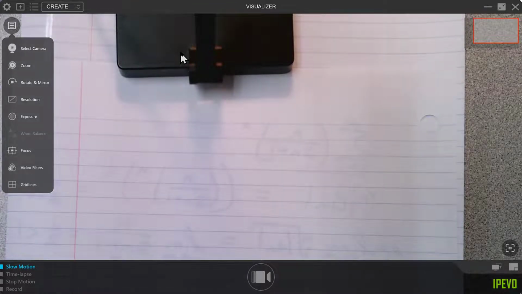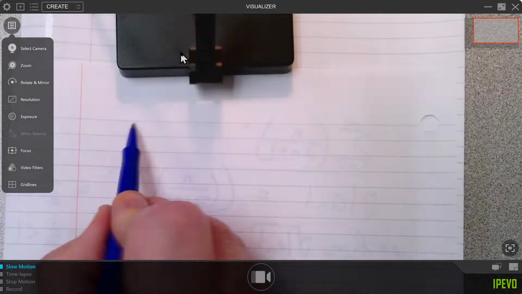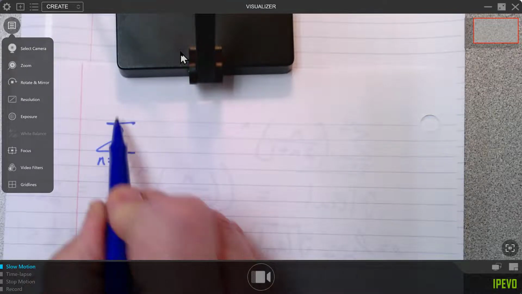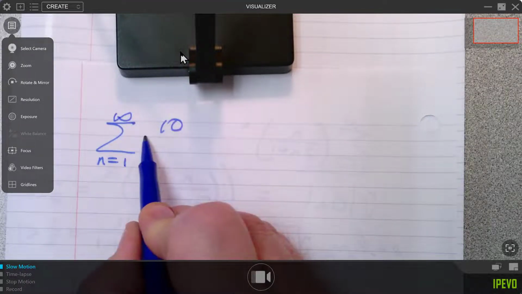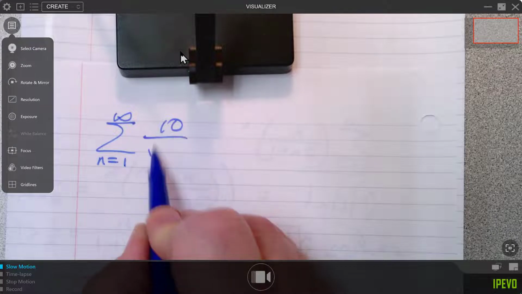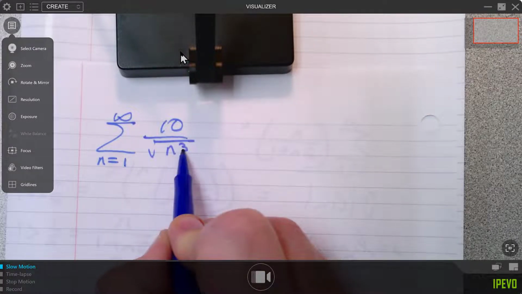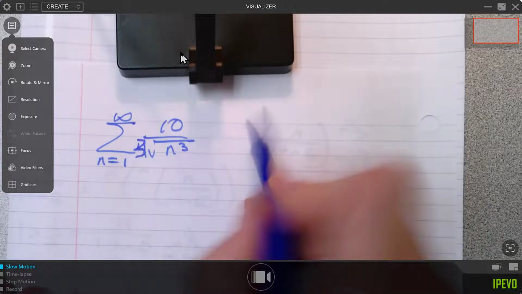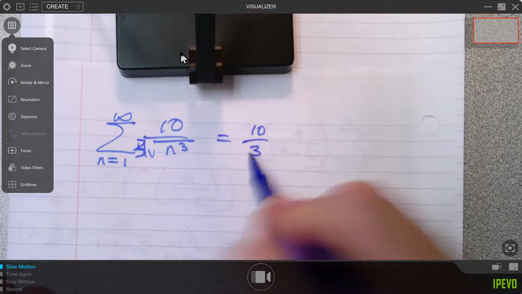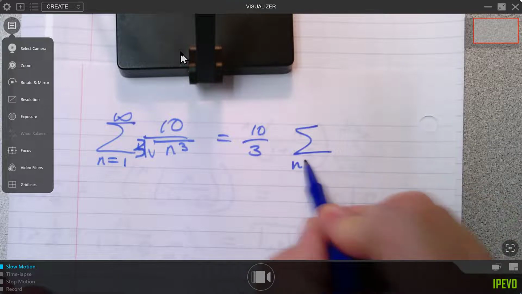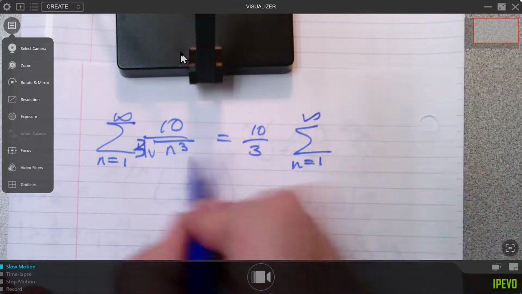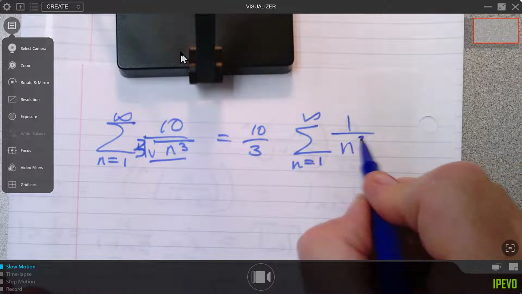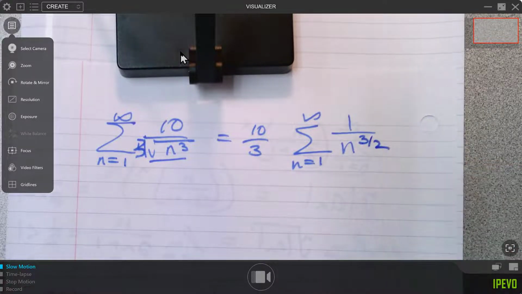Now let's take a look at this one. N equals 1 to infinity. And as soon as I see this one, I'll factor the 10/3 out. I'm going to rewrite this as a power.